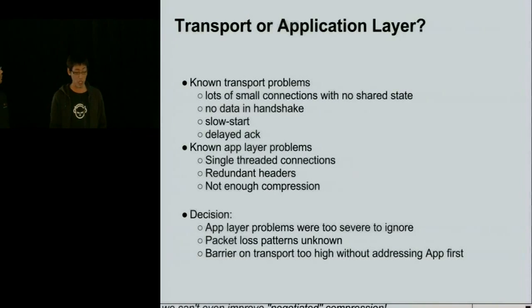There's not enough compression going on even in the response bodies. Basically, the benefits that we could get in the application layer are so huge, and it's pretty difficult to make changes in the transport layer. So we're going for the low-hanging fruit first. We need to solve the application layer, and that's what SPDY does today.